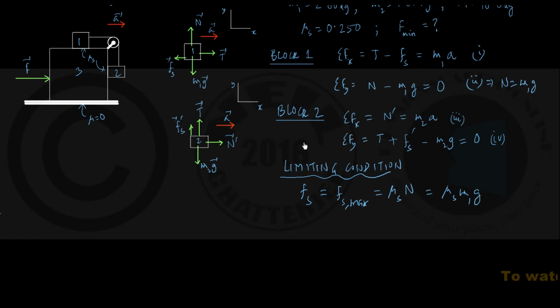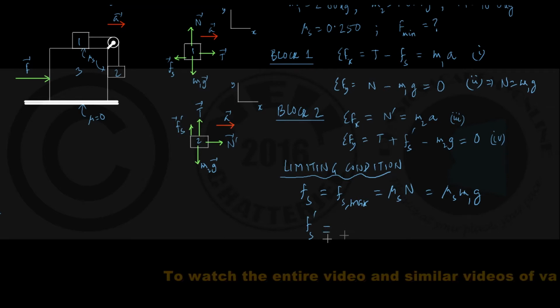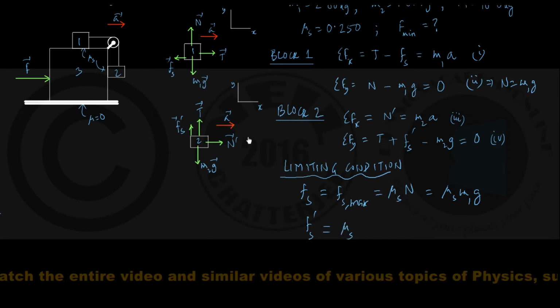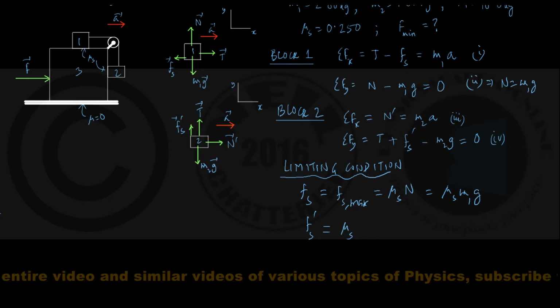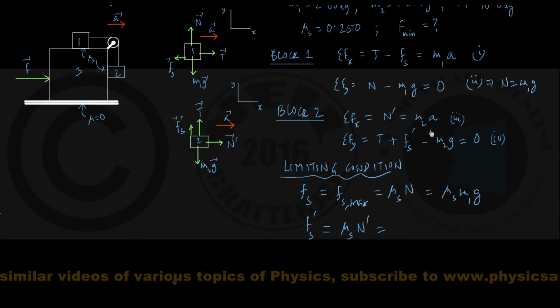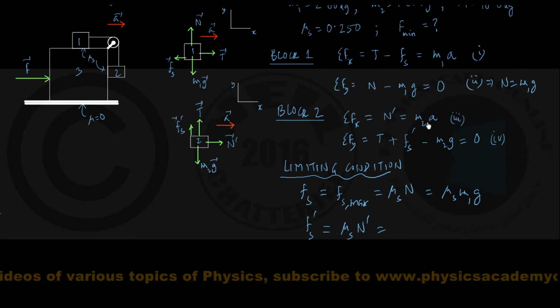Similarly, for the frictional force acting on block number 2, that force Fs dash in limiting situation attains the maximum possible value, that is limiting friction, which is frictional coefficient multiplied by the corresponding normal force, that is N dash, and equation number 3 is giving me N dash is equal to m2 into a.